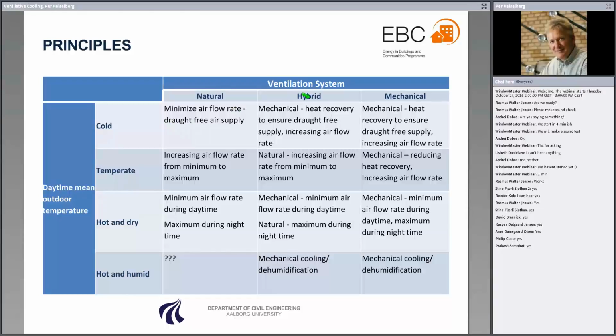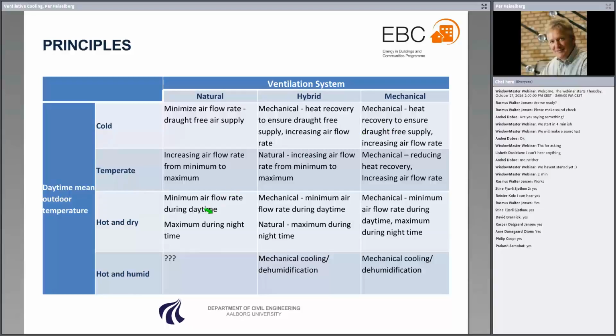If you have a mechanical system, you have a possibility to apply heat recovery to increase the supply air temperature, and in that way provide a draft-free air supply. It will cause you to use a higher airflow rate, because when you use heat recovery, you reduce the cooling potential. So this means you need to have additional airflow.